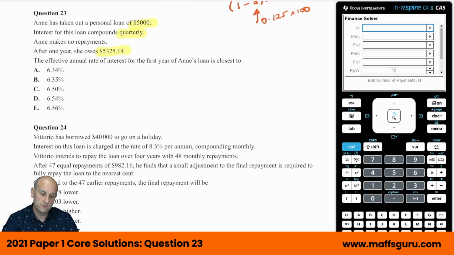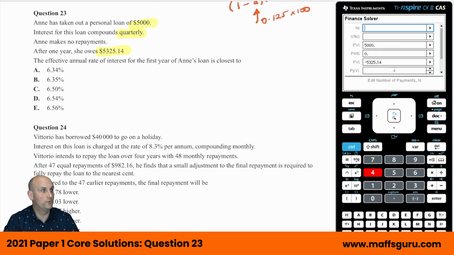Anne has taken out a personal loan of $5,000. So personal loan, she's given money is that. She's making no payments. The future value is she owes, so that's money she's got to give back, 5325.14. Payments per year, the annual effective interest rate is 4, doesn't really matter.